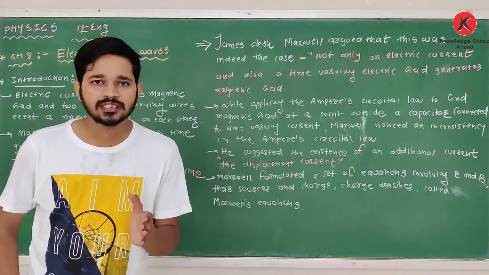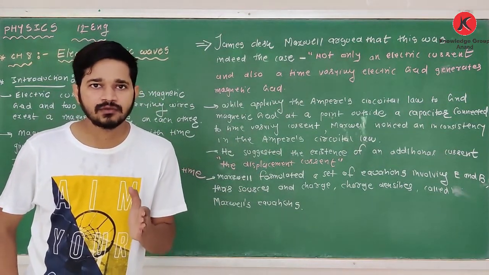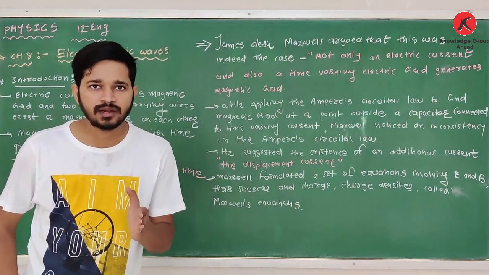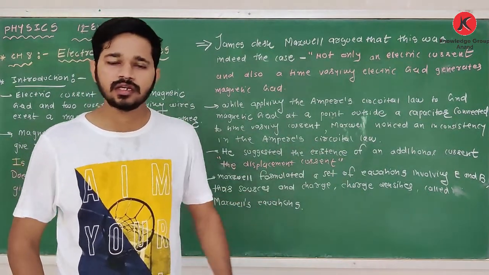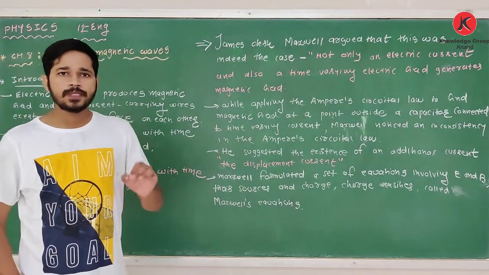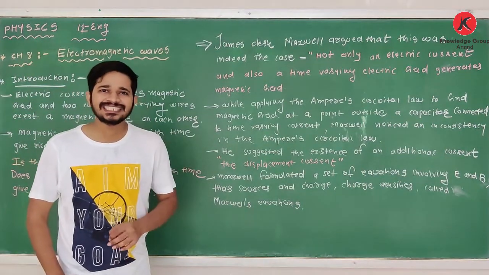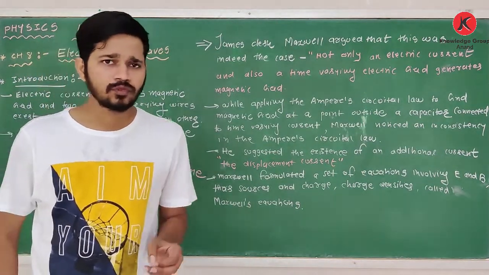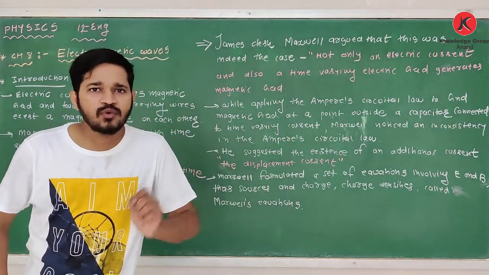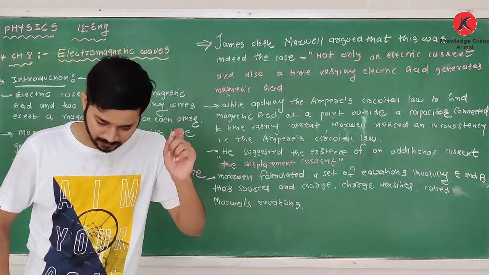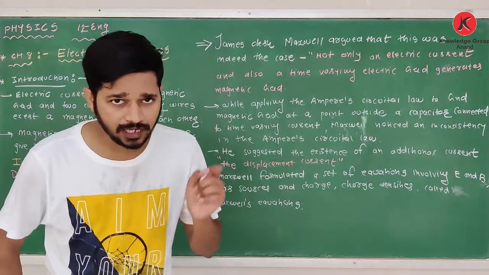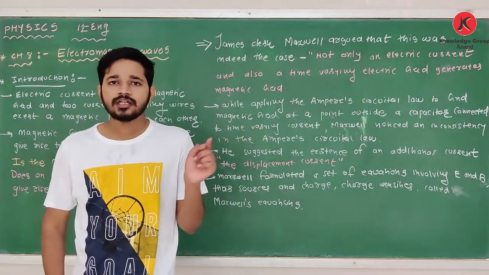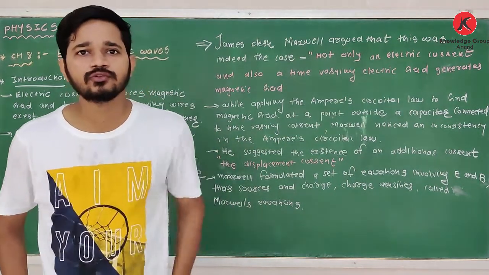Due to a time varying magnetic field, an electric field is produced. So now the question is, is the converse possible? Due to a time varying electric field, can a magnetic field be produced? That we have to see.